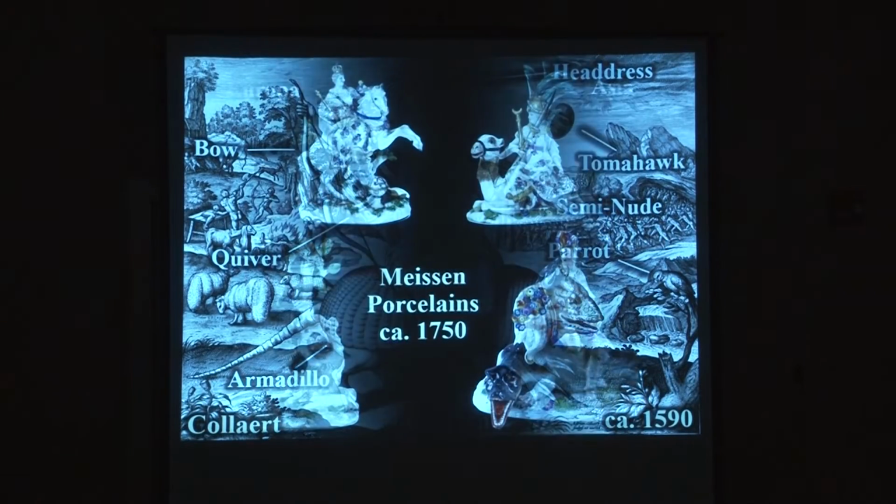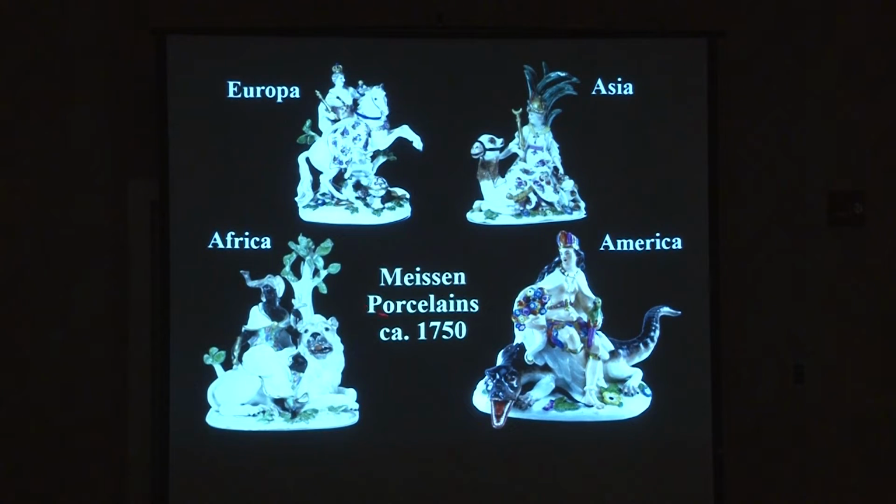The image was quite popular to the point that the Meissen porcelain factory actually made figurines of this. Indeed, there were at least 6 different sets of these figurines that I've been able to identify, and they made a profit by selling these things. That's how well disseminated this imagery was.